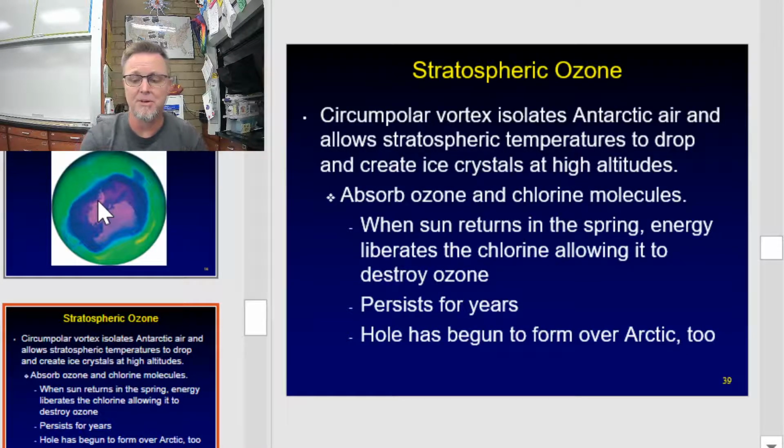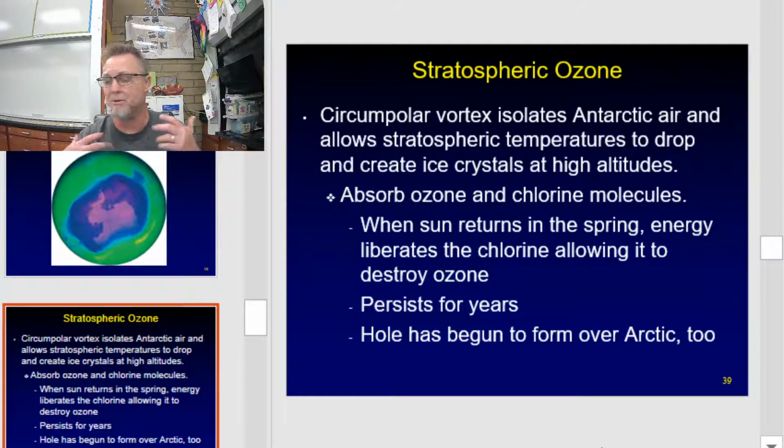When the sun returns in the spring, all those ice crystals melt. That liberates chlorine and destroys the ozone, and that chlorine can persist in the atmosphere for literally years. There was a time when we started to see a hole beginning to form over the Arctic, not nearly as big as the one in the Antarctic.